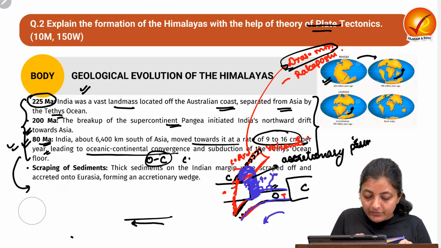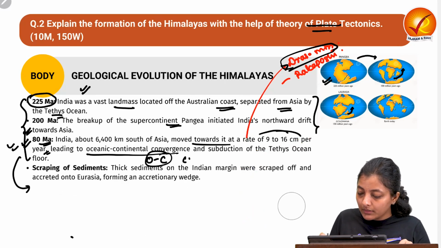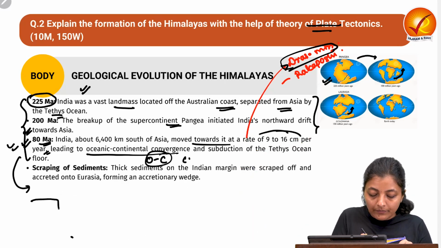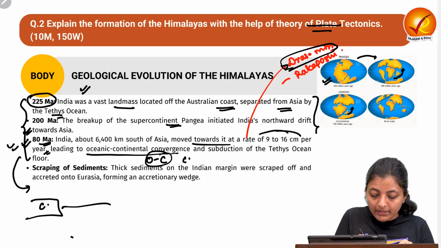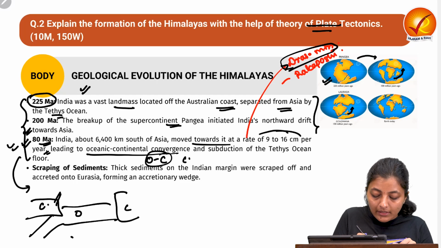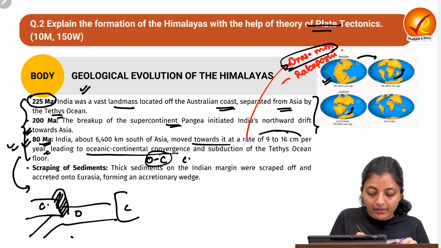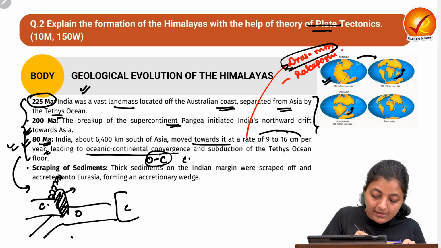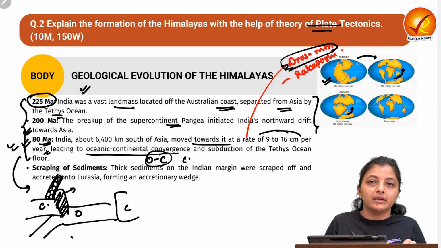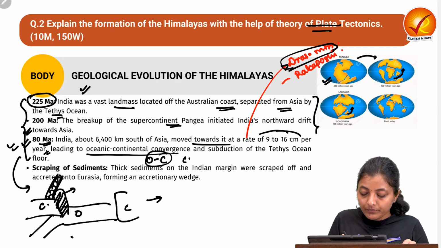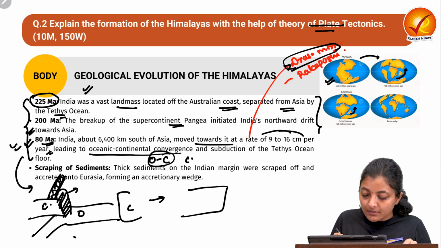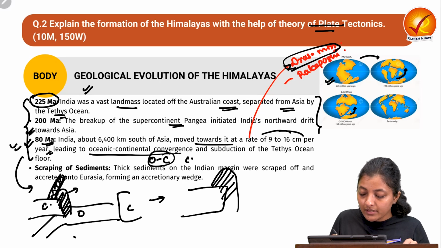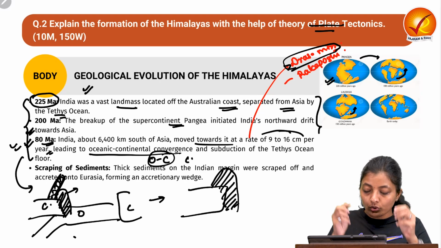Now, what we have just looked at is that there is a continental plate and an oceanic plate. This is the continental plate, an accretionary wedge is getting created over here, and the volcanic mountain arc is created on this continent. With time, this accretionary prism accumulates in a huge amount.